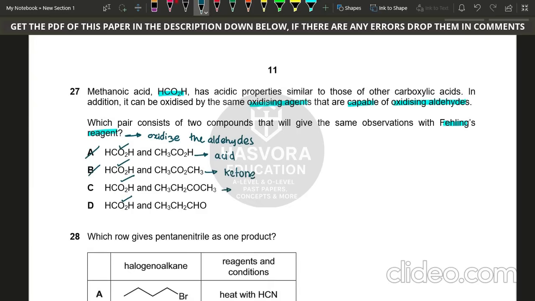This one is also a ketone, and the last one you can see here is your aldehyde. Okay, this is propanal. So the aldehyde and the methanoic acid will give the same result with Fehling's reagent. So this means that D is your correct answer.